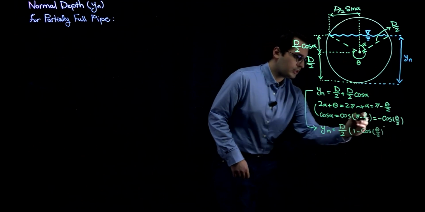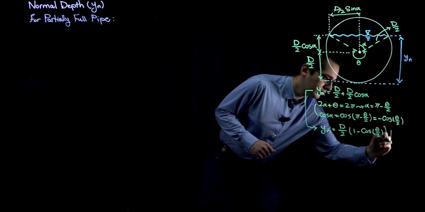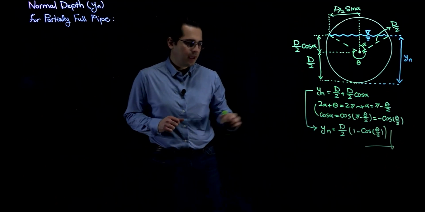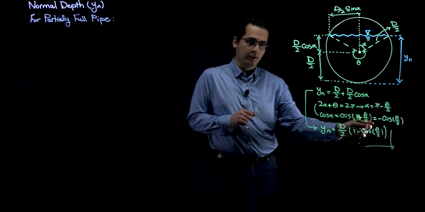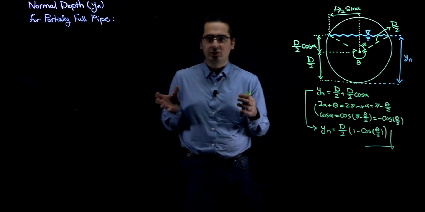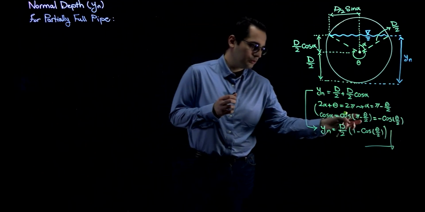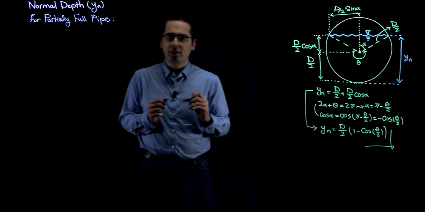All right, so this is the equation for normal depth. As you can see, the equation for normal depth is a function of theta as well. We don't have the value of theta, so we need to find another relationship that gives us theta so we can put it in this equation and find the value of yn, or normal depth.